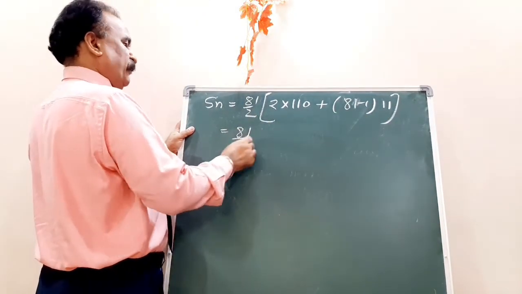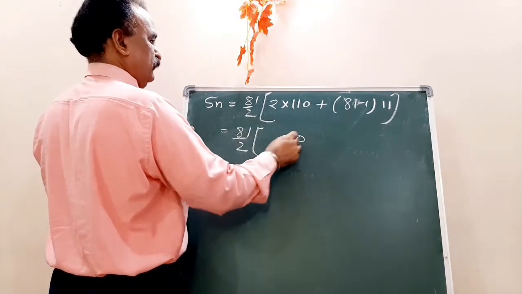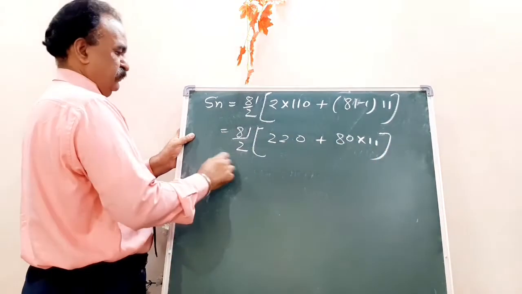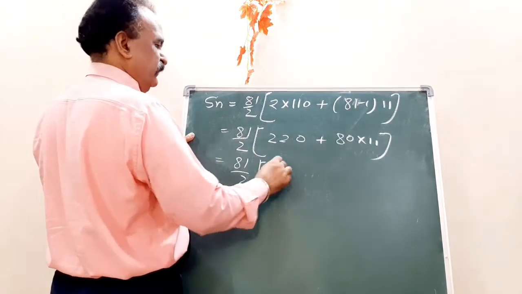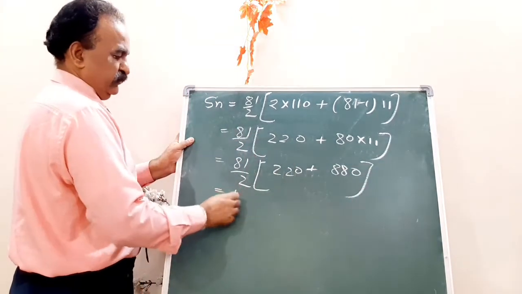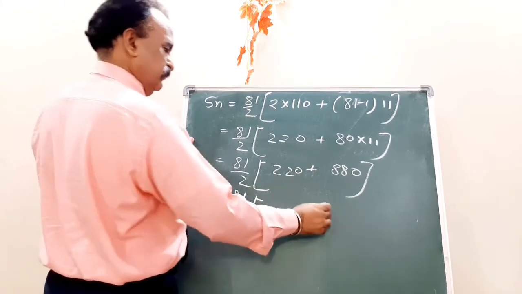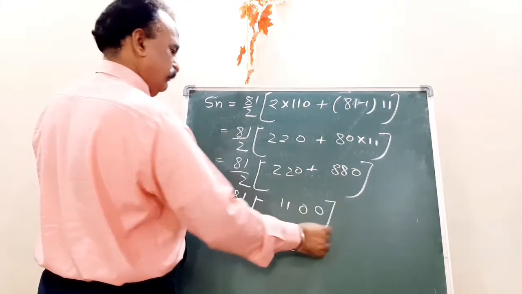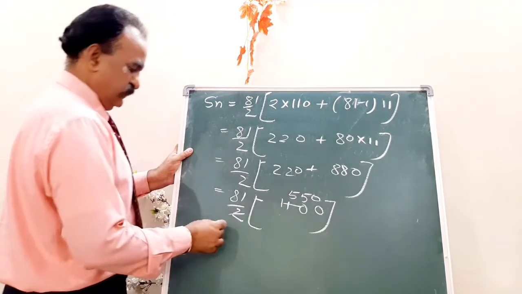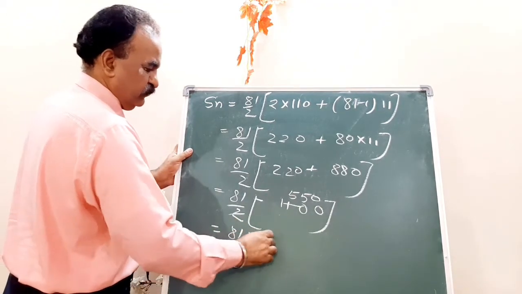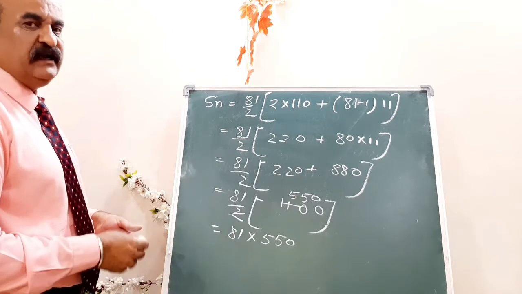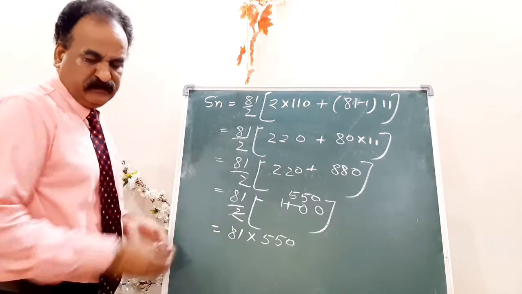So 81 upon 2 into bracket 220 plus 80 into 11. So 81 upon 2 into bracket 220 plus 880. So 81 upon 2 into bracket 1100. That gives 81 into 550. Now just multiply 81 into 550. Tell me. See here, just do it.